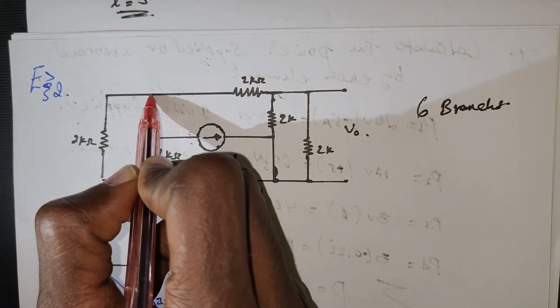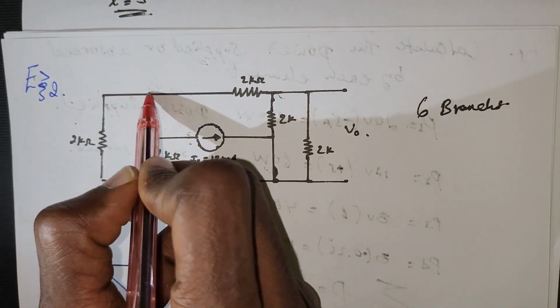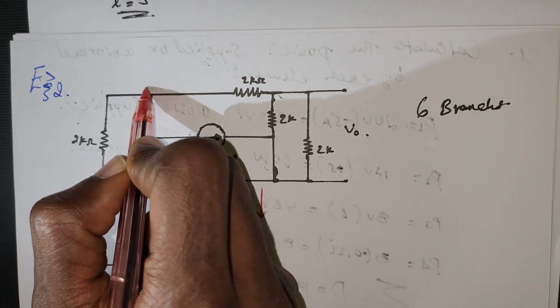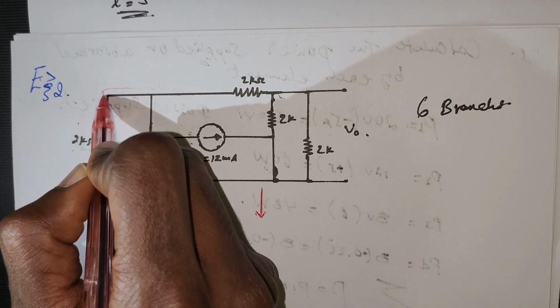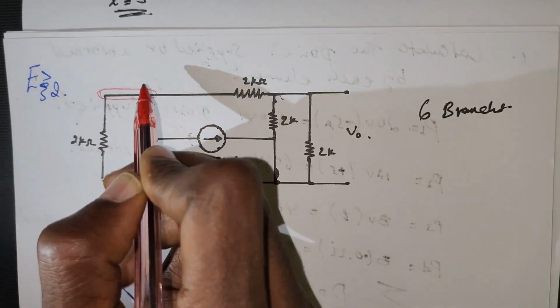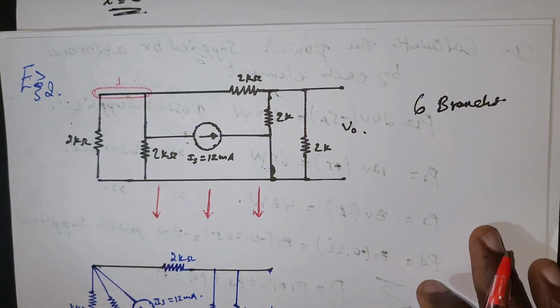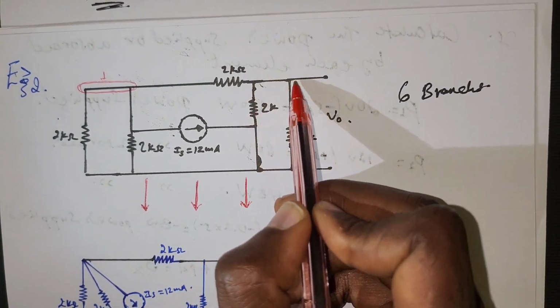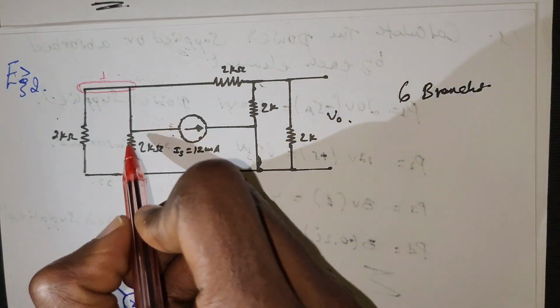These two junctions are connected with a short circuit, so we reduce them into a single node, like this one. Again, right here we have two junctions which are connected.